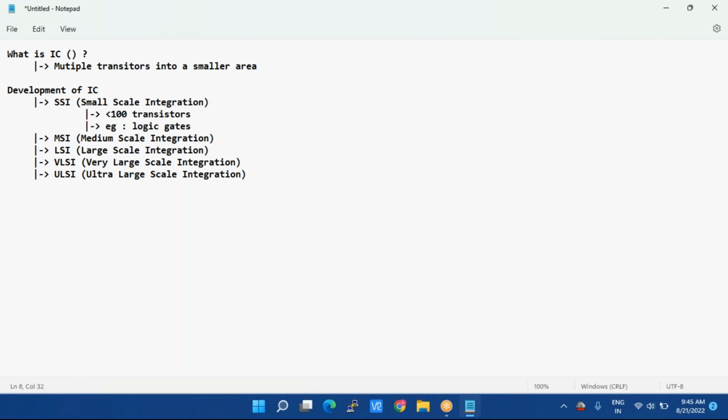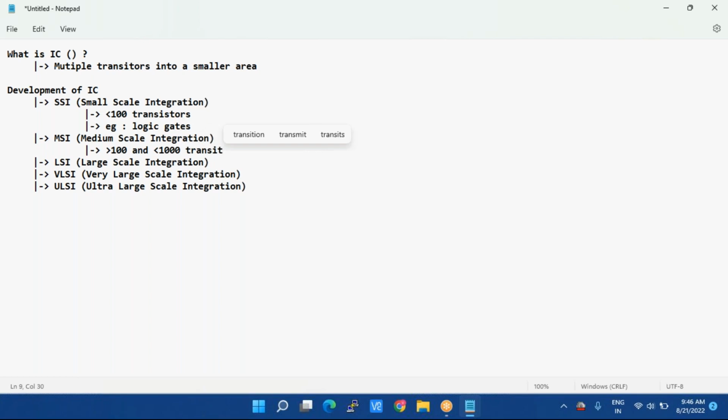Next, MSI. MSI has greater than 100 and less than 1000. That means in the range of 100 to 1000 transistors, we term it MSI.